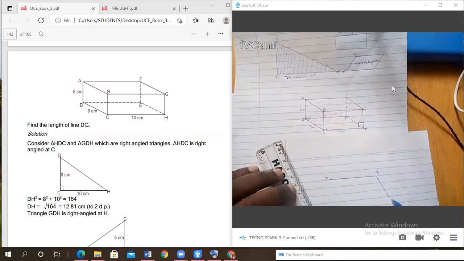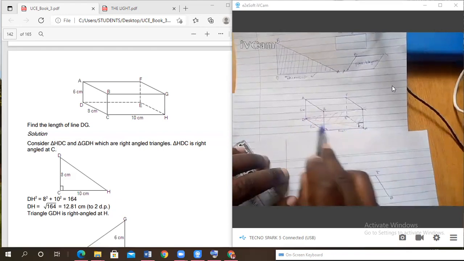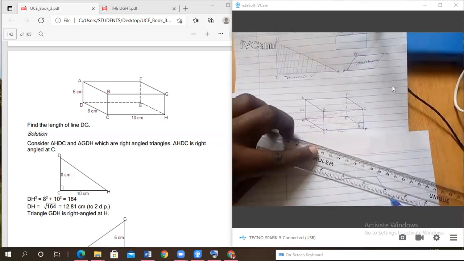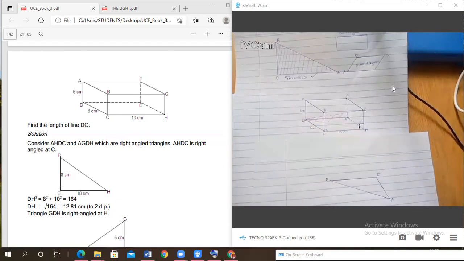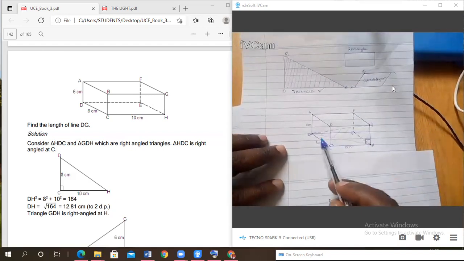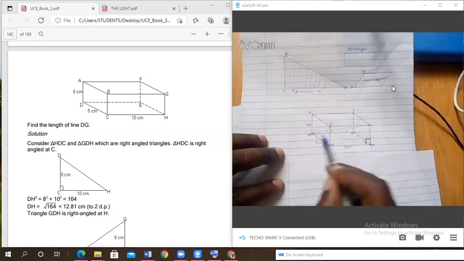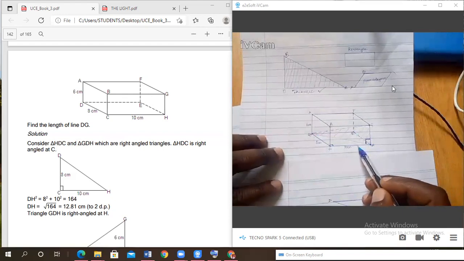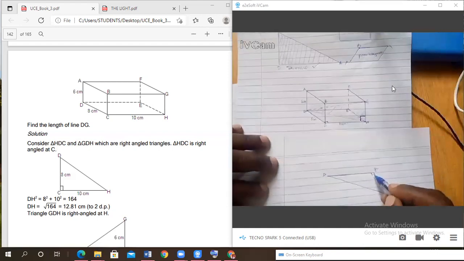So there I have H. And now I'm going to join that line here. So when you look at the base here, each angle here is 90 degrees. So here I have 90 degrees at that point.